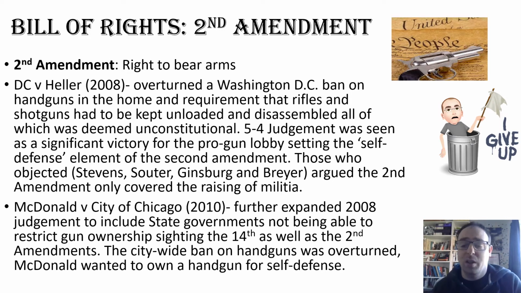And what was really significant about it is it seems to set up this idea that one of the reasons you can legitimately, constitutionally own a gun is for self-defense. Those who objected said that this is not actually reading the Constitution for its original meaning. So Stevens, Souter, Ginsburg and Breyer argued that the Second Amendment only covered the raising of militia.